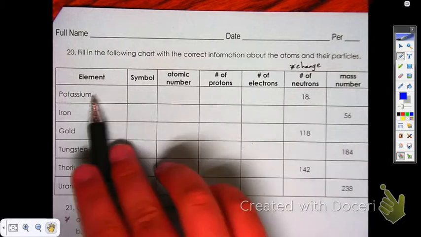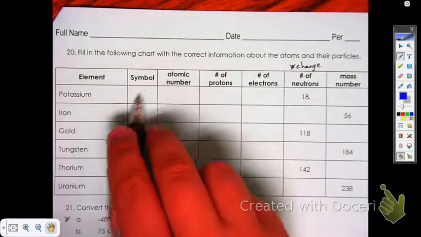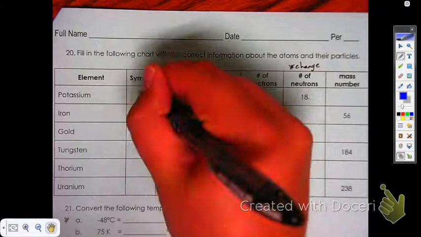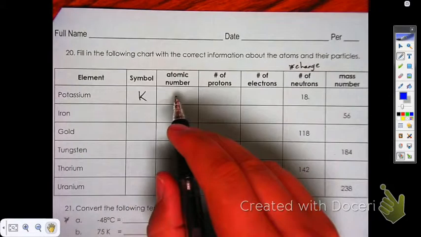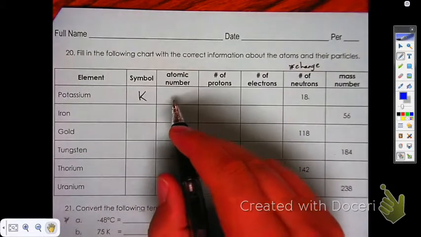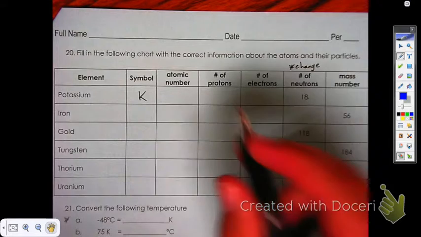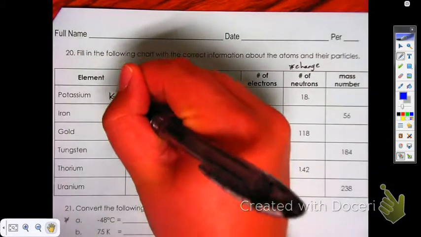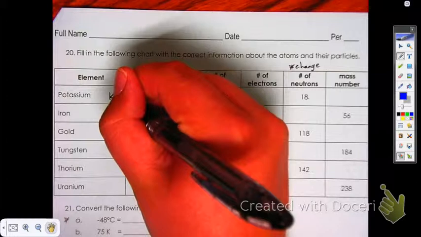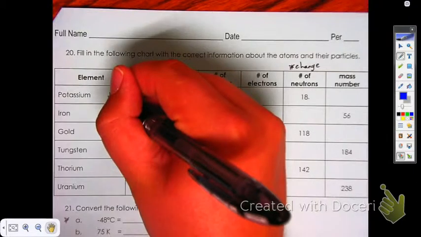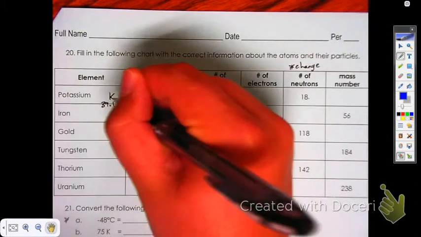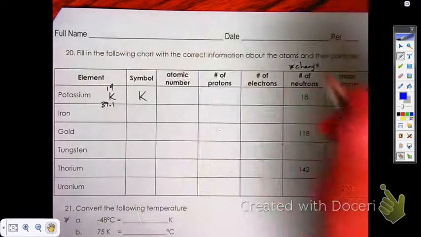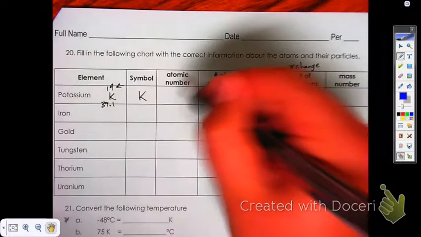So let's start by going across. We use our periodic table. The symbol for potassium is K. If we look at potassium on our periodic table, we have K, the number below it is 39.1, and the number above it is 19. So our atomic number is right here, 19.